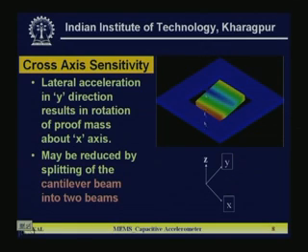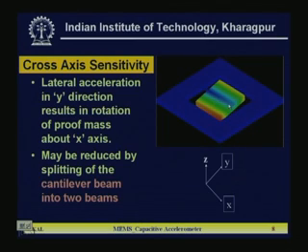That means this kind of structure will not give you less cross axis sensitivity. So, if you design the whole thing for z axis acceleration, because of this structure it is also sensitive to y direction acceleration. So, you can see the configuration. If you push it along the y direction, it will just tilt, and because of that the gap is also going to change.